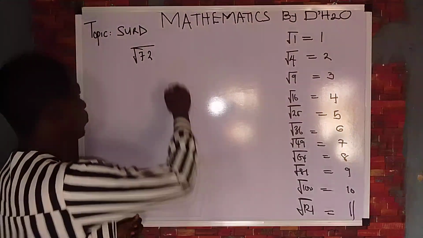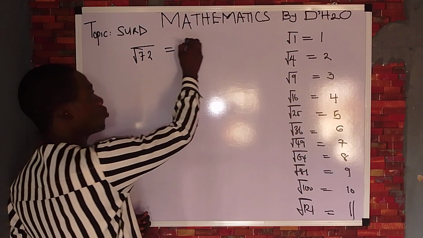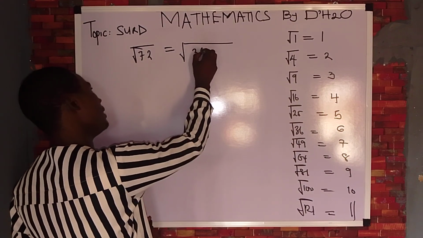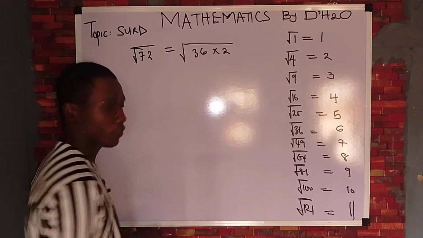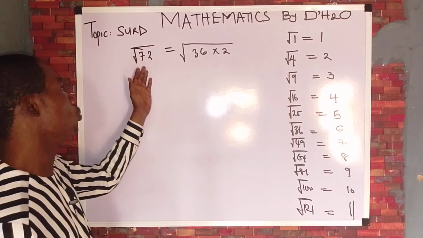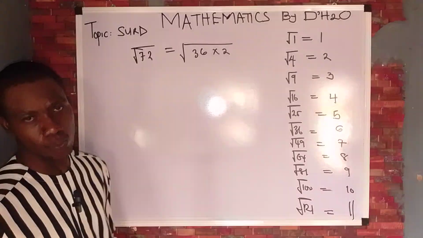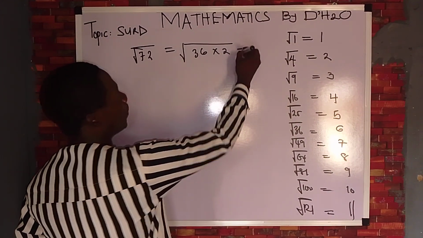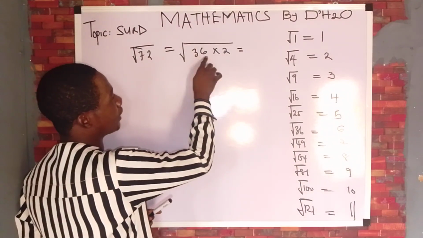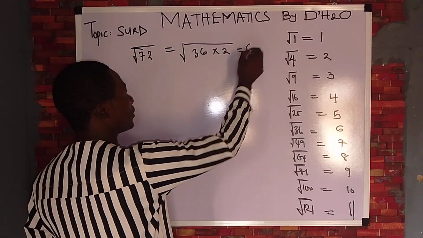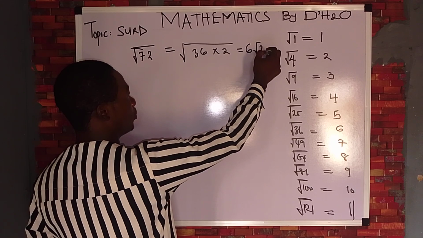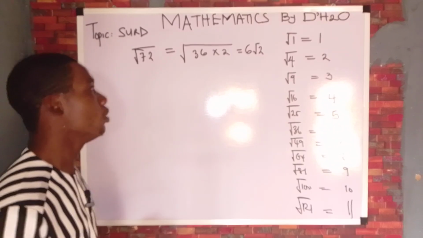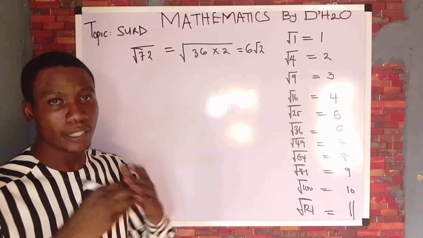For instance, 72 will give us 36 times 2. Now, if you check very well, you will find out that the square root of 36 is 6. Then you have 6 root 2. This is how you can simplify surd.